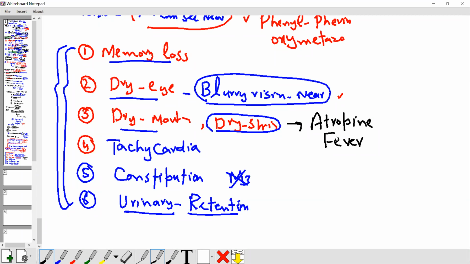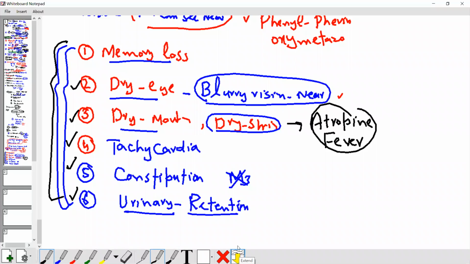Sweating is one way to get rid of extra heat. Extra heat is eliminated in two ways: number one, vasodilation; number two, sweating. So if you stop sweating, body temperature increases. Okay? It's another side effect. So these are the side effects: memory loss, dry eye, dry skin, tachycardia, constipation, urinary retention. Clear?